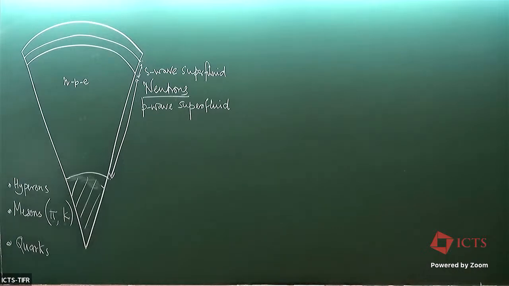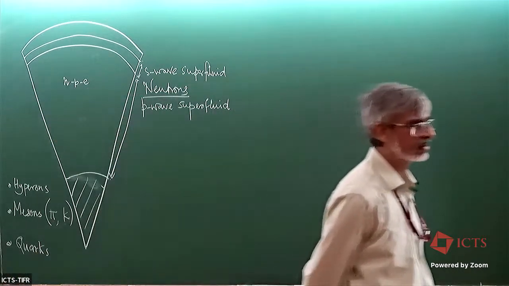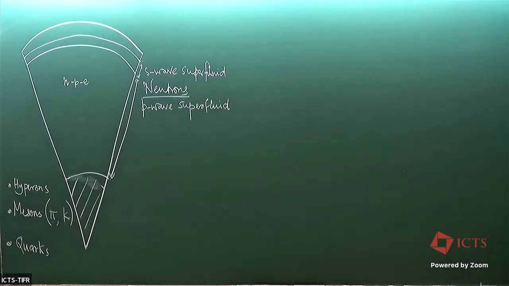What about protons? If neutrons can pair, protons can too. Will there be any difference? Exactly the same numbers should apply to protons, because as far as strong interaction is concerned, protons and neutrons are identical. There is no difference.